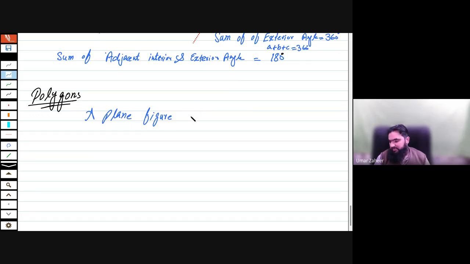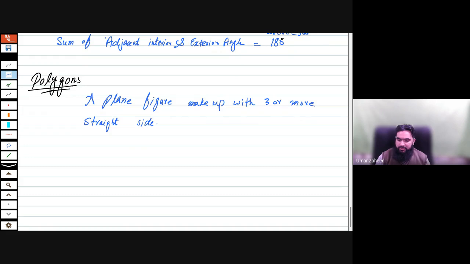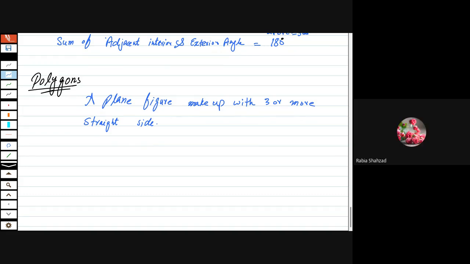Plane figures made up of 3 or more straight sides, so they are known as polygons. And the smallest polygon that we have is the triangle.